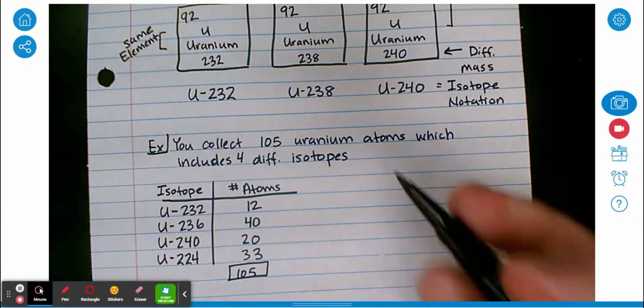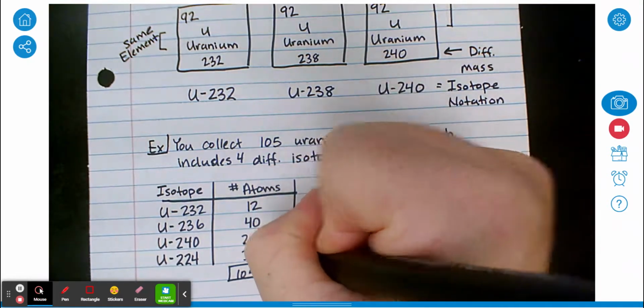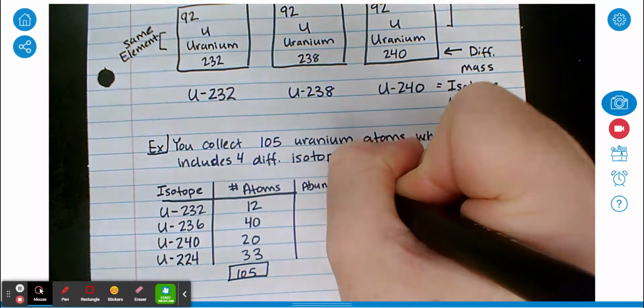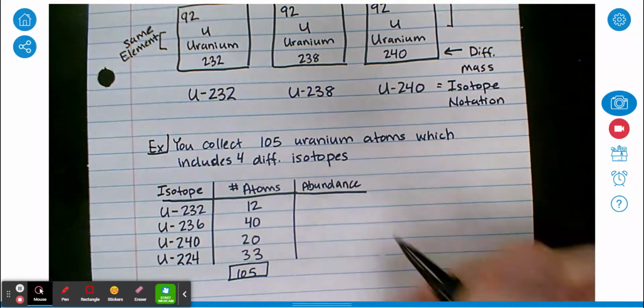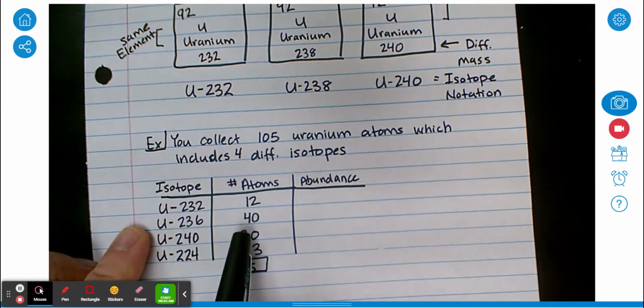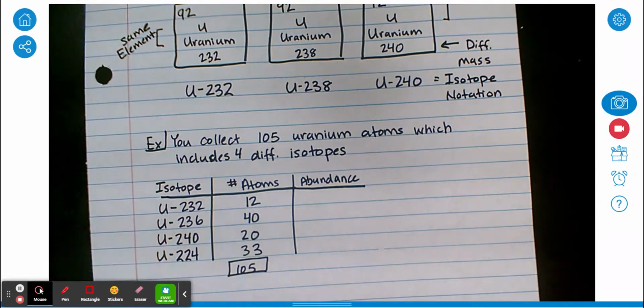So you need to calculate the abundance. Just from eyeballing it, I can see that I have a lot of atoms at 236. That is my most abundant isotope of uranium.